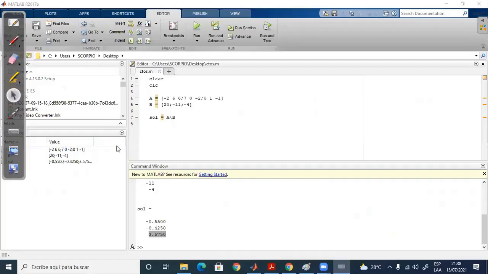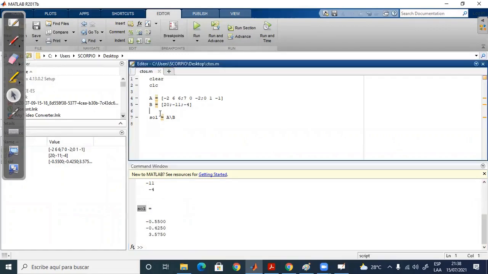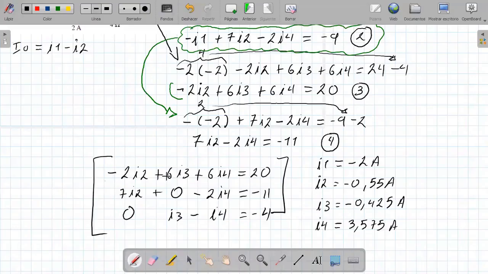What am I going to do in MATLAB? I already have those variables, that is, the solution variable, position 1, position 2 and position 3. Position 1 is current N2. Remember that here I put this equation that only has N2, N3 and N4. N1 I already had, so I didn't put it here. So what am I going to do?